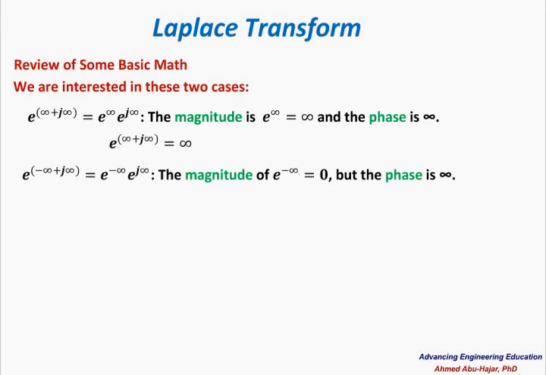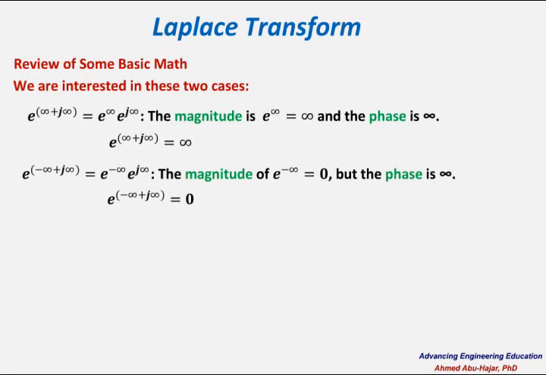Because the magnitude is 0, then 0 times any value will be 0, so this number is 0. When the real exponent part is minus infinity, the magnitude is 0, and when the real exponent part is plus infinity, the magnitude is infinity. These two cases will be used to solve for Laplace transforms.